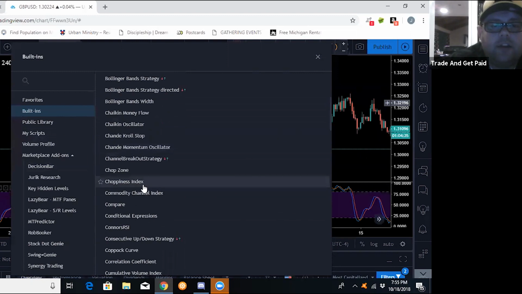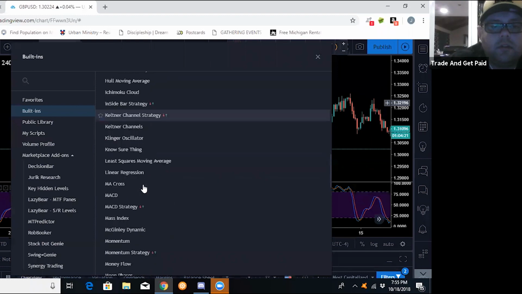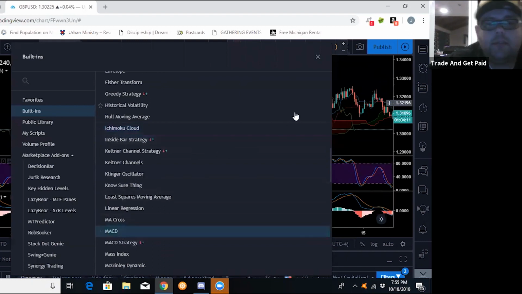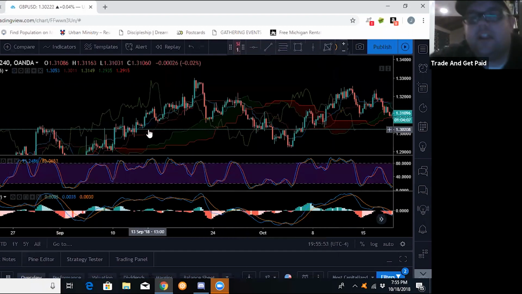It's trying to hide on me. There it is, right there. The Ichimoku cloud. Okay. And one more. Let's look at the MACD. All right. So you say, whoa, my screen just got crazy.